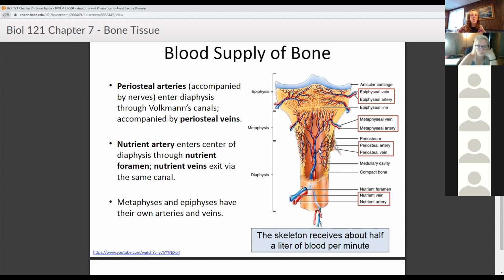The nutrient arteries, once they enter the bone, enter through the center of the diaphysis through the nutrient foramina. And the nutrient veins exit the same way.